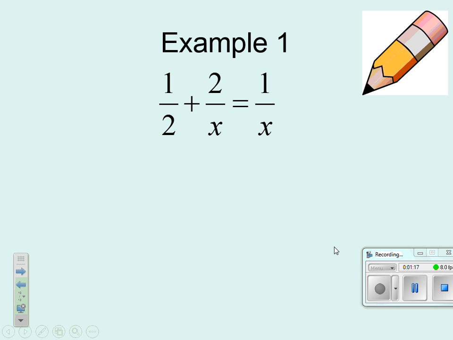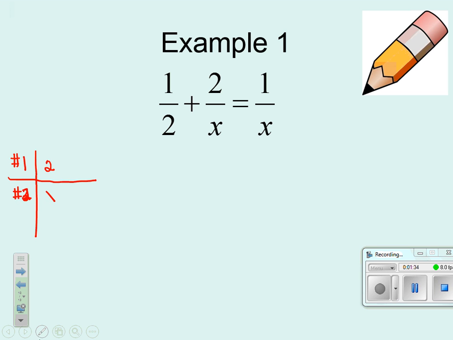Okay, example number 1. I need to find the lowest common denominator of every single one of these fractions. So fraction number 1. What are the factors of fraction number 1? 2. What are the factors of fraction number 2?